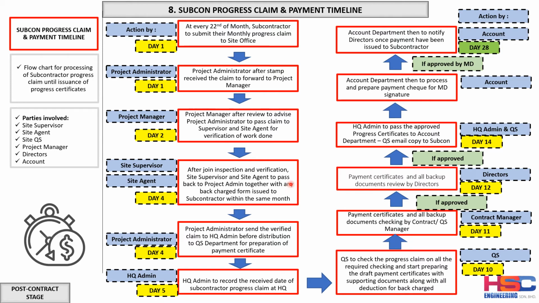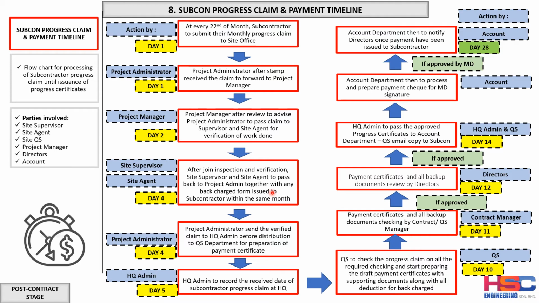And during this joint inspection also, if the work is not complete, or whatever percentage the site supervisor or the site agent wants to give, the subcontractor needs to be there to agree to the decision. Okay. And once the joint inspection is done, they will pass the subcontractor claim back to the project admin.